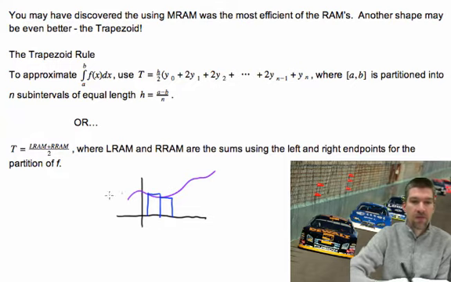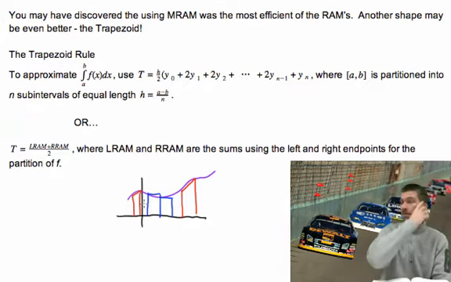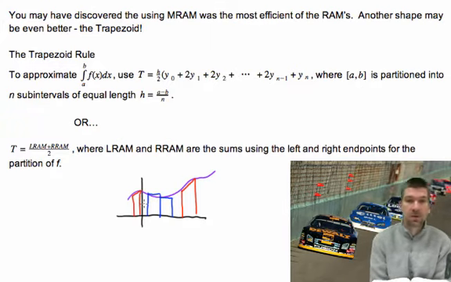But if I come in here and use a trapezoid, I can get a shape like this, which eliminates a lot of space that could be wasted. So this is actually going to be a really handy way to find areas under curves. We might not always use it, it just depends.